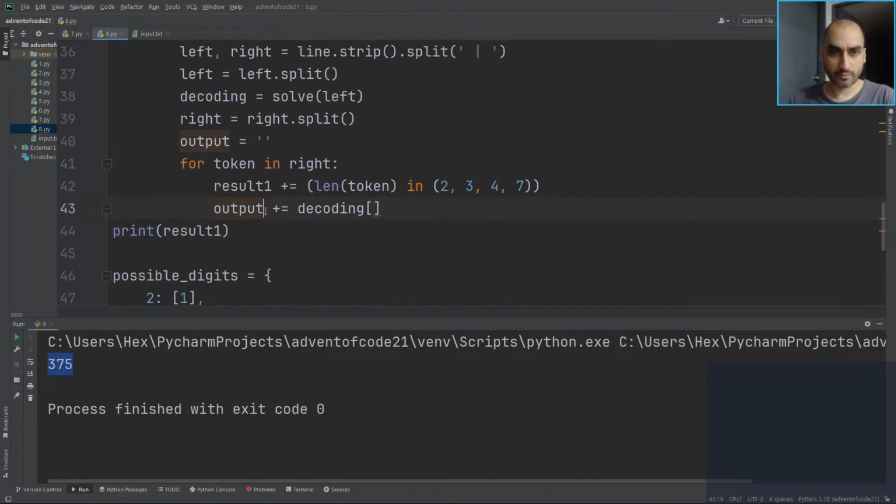Hopefully I've done that right. Output plus decoding. And then we'll have to do string sorted token.